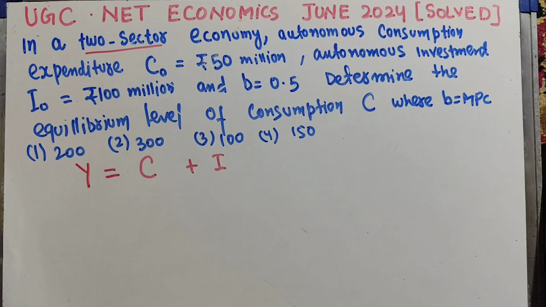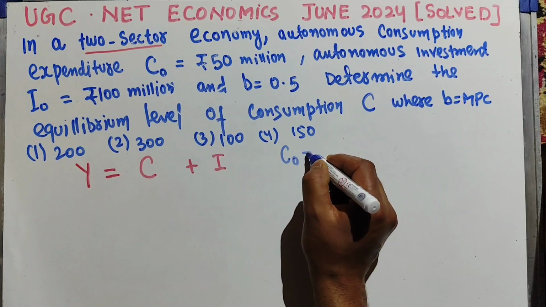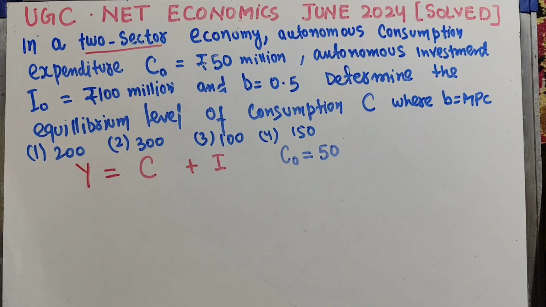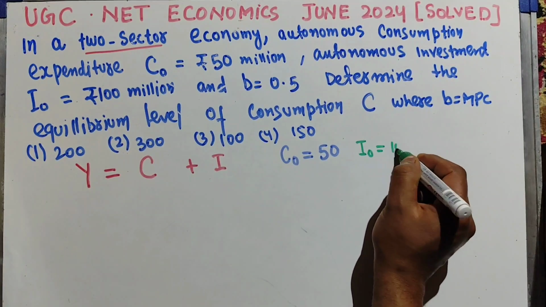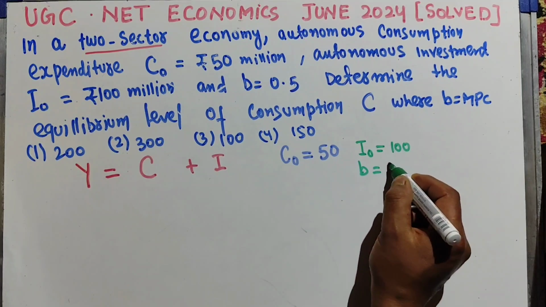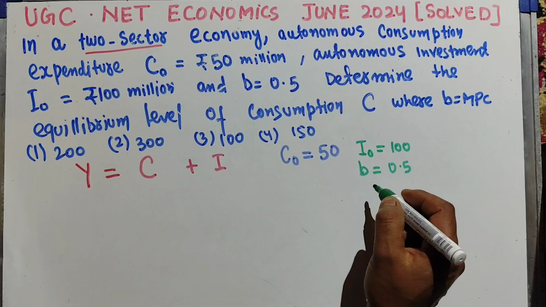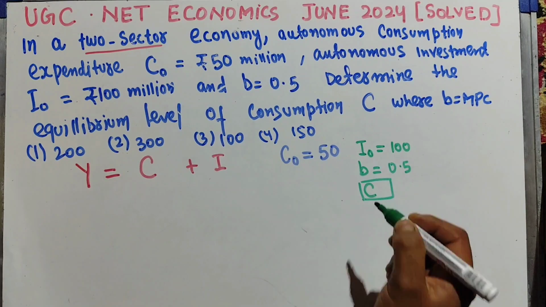What are we being given here? We are told that autonomous consumption expenditure is equal to 50 million, autonomous investment is equal to 100 million, and B is equal to 0.5, which is the marginal propensity to consume, and we are to find the equilibrium level of consumption in this economy.